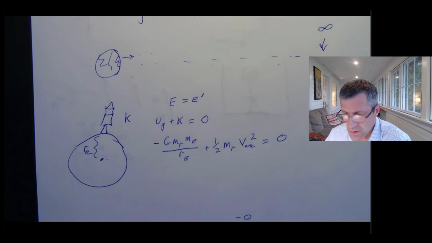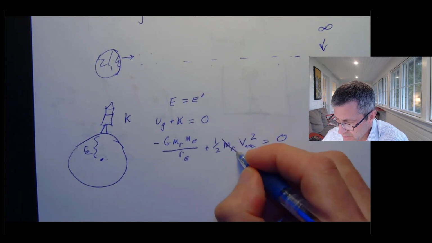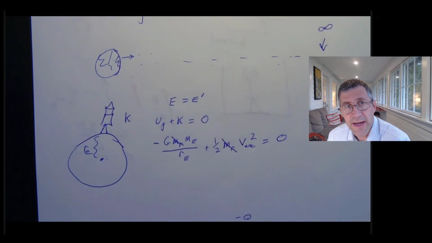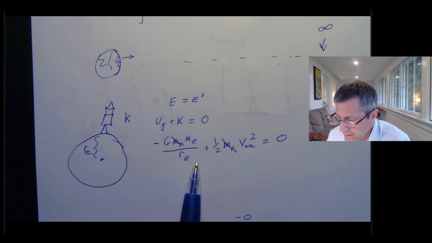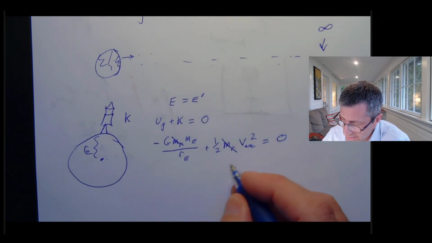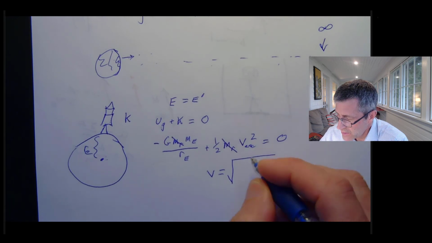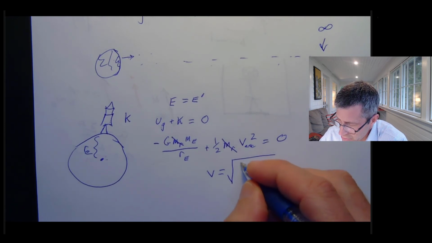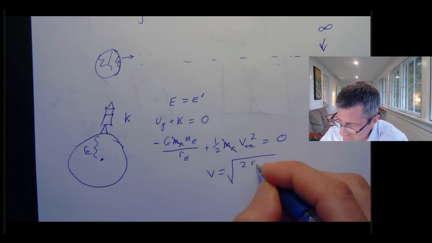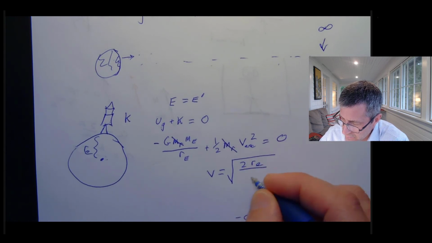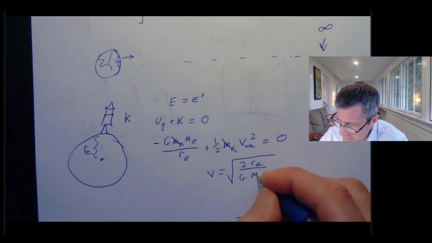You may notice one thing. Oftentimes in energy, we'll get a mass to cancel, and this is certainly true when we don't have springs. And I can plug in some numbers that come with some escape velocity. In the end, I'll end up with velocity is going to be the square root of, what's this going to be, 2 times the radius of the Earth divided by G times the mass.